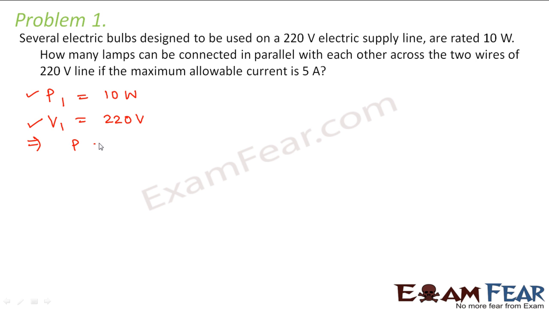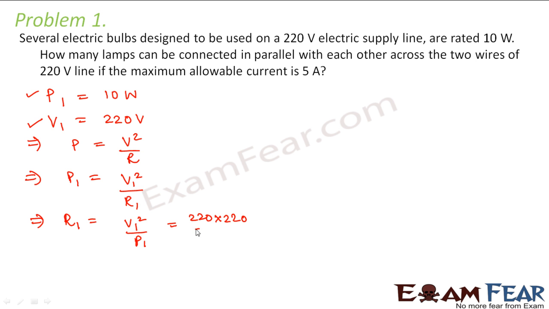We know that P is equal to V square by R. So we can say P1 is equal to V1 square by R1. From this we can calculate R1 as V1 square by P1, that is equal to 220 into 220 divided by 10. So this comes out to be 4840 ohms.